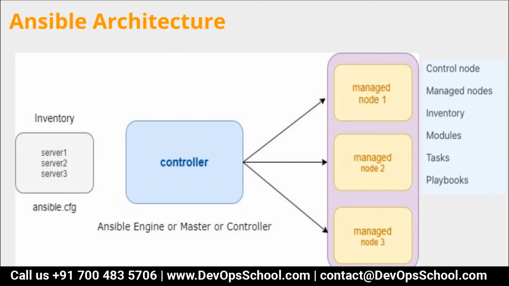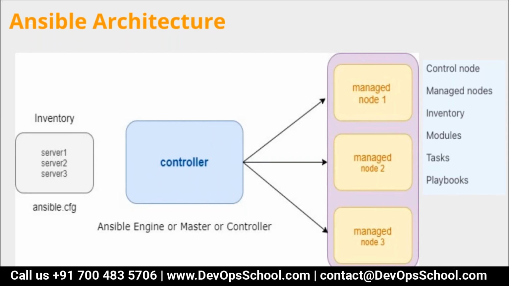Suppose, for example, you have taken a DB backup for Postgres or MySQL. You will generate one .sql file, right? That SQL file, you can even take from the target nodes to your master, wherever your Ansible is running. You can perform that task as well. Or else you can take the backup and push it to some other S3 bucket.